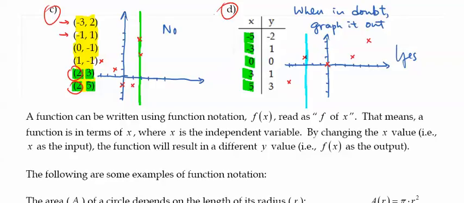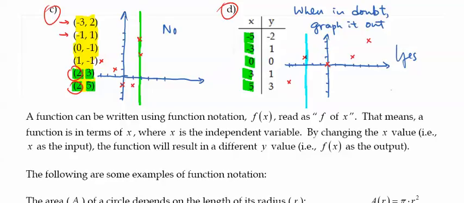But we want to make it special. We don't want to call it y equals 2x. We want to make it special so that you are aware of the given function. So we have a new notation for functions.